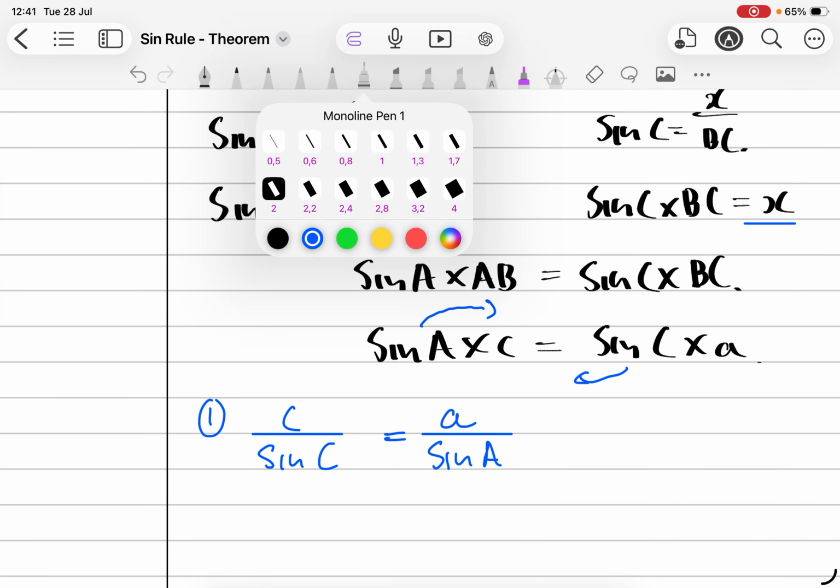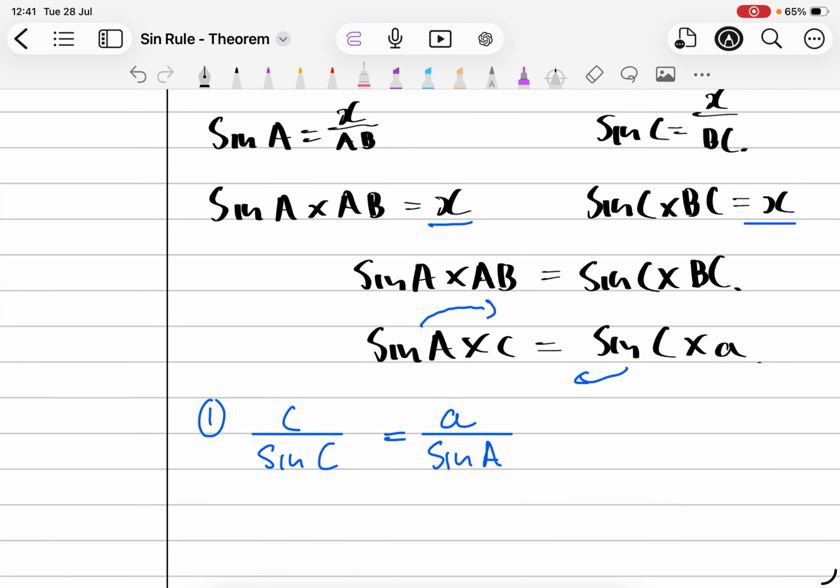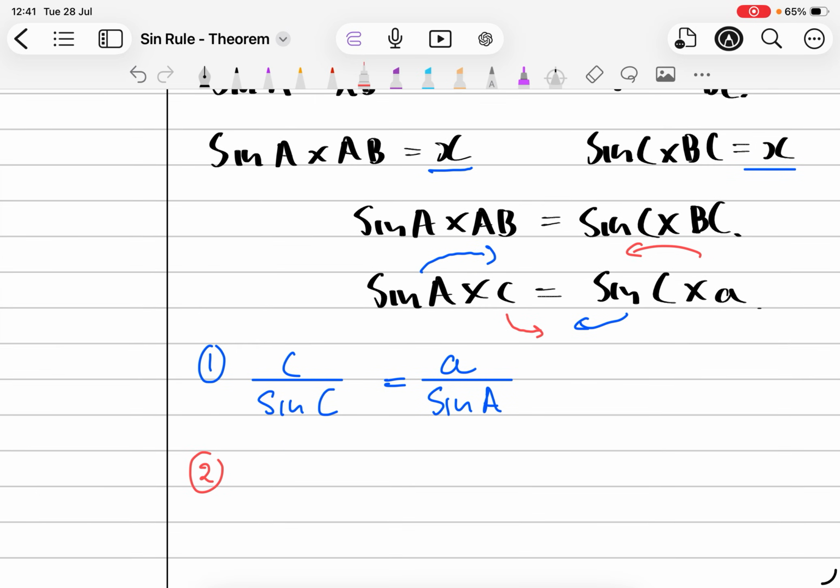Another thing I can do is rearrange it by moving the small letters c and a over the bridge. So in the second one, sine A remains as sine A, and then guess what I'm dividing by? By small a, right?